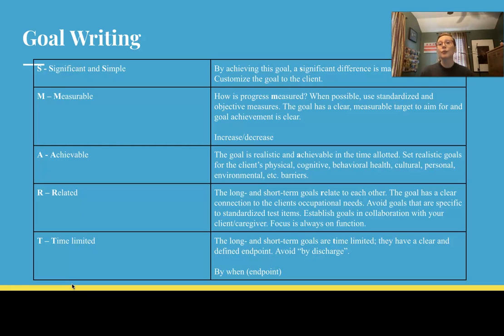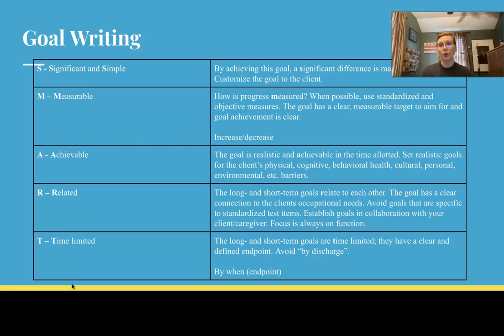Setting a time frame, and a realistic time frame, is really hard. So I really encourage you to go to your Pedretti. We talked about the page in class the other day, and now I've forgotten to look it up, but there's a chart that talks about the different levels of care and about how long that client will be in those different levels of care. For example, if you're in the acute hospital, you know that they're going to be there probably 3 to 5 to 7 days, not very long.